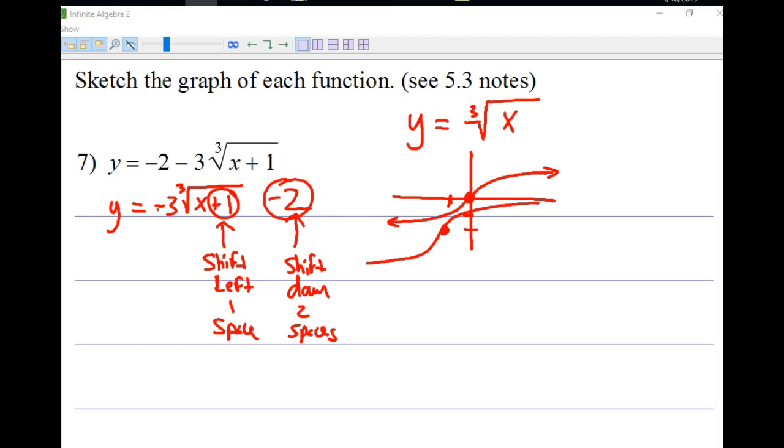So if you can just do this mentally, can you imagine what this shape would look like if I just flipped it around that point right there. If you can't, that's okay. I'll give you a chart. But what it would look like is it would look like this now.